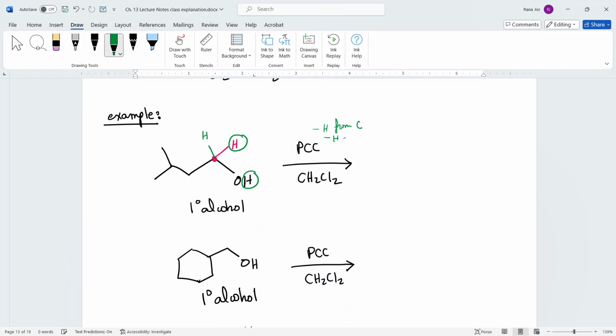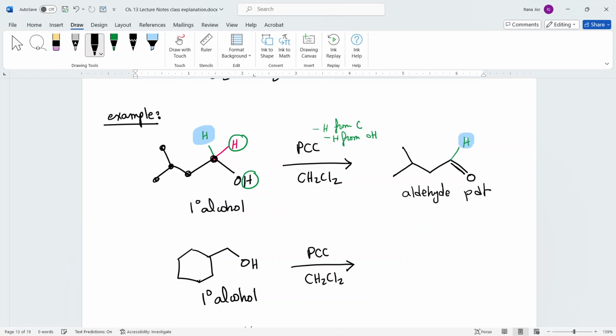I'm going to lose the hydrogen from the OH in there. Again, I am not adding a single carbon. Whatever carbons I have, I'm just going to add them in the product in there and then create a double bond where my OH was. So my OH was here, so I'm just going to go ahead and create a double bond. I still have this hydrogen that is left, so that hydrogen is going to be over here. And that is going to be my aldehyde.